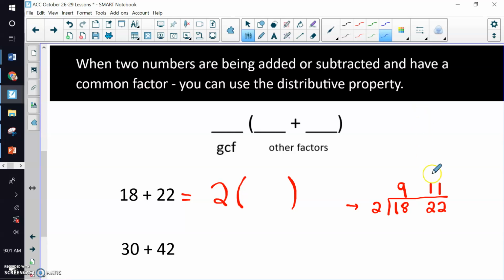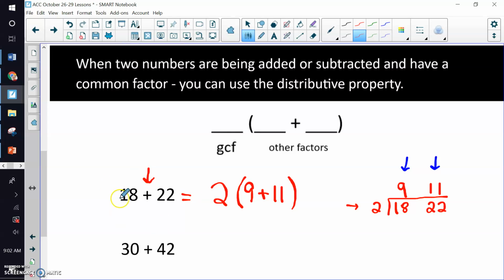These two factors are the others, because 2 times 9 equals 18, and 2 times 11 is 22. So here we can just put those in place. We're adding these two because we're adding here. And that's our final product right there.